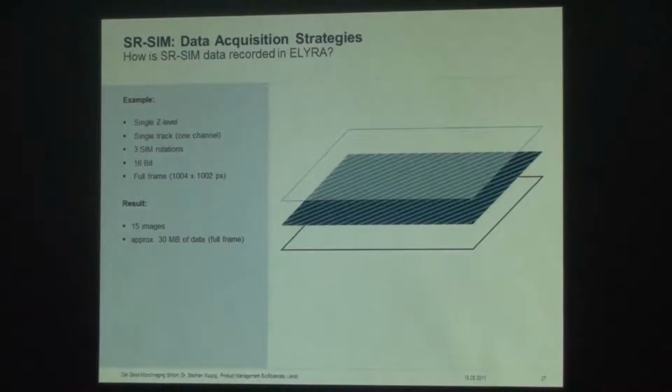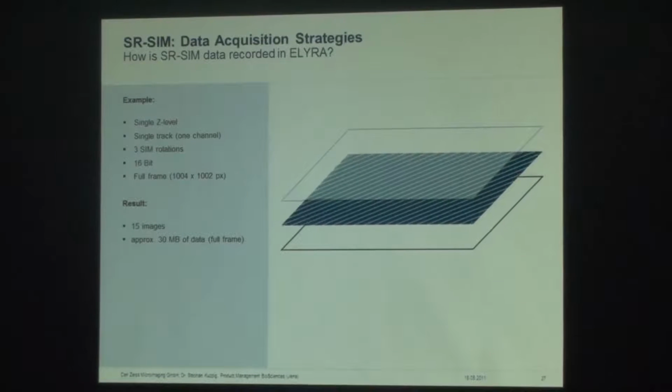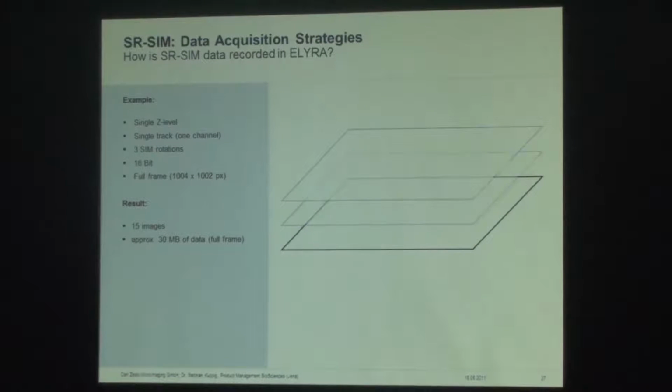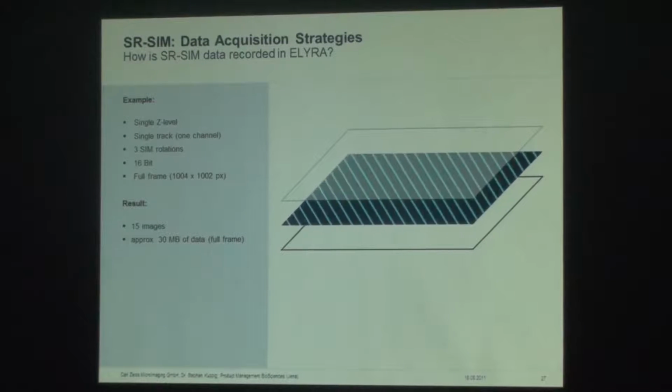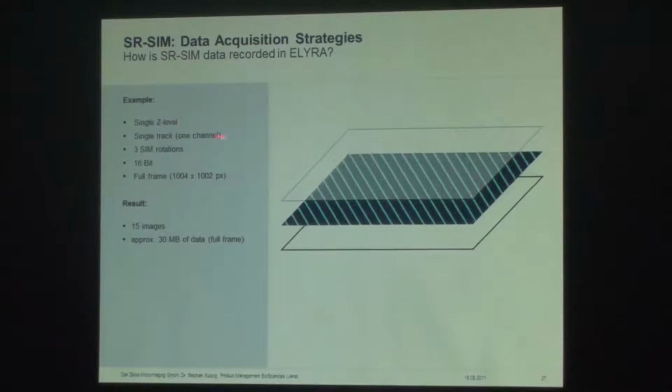The way the images are rendered, there are a couple of ways Zeiss implements structured illumination here. It depends on your experiment, whether you take multiple Z stacks, a multi-channel, or a time series, for example. This is, for example, a single Z level.